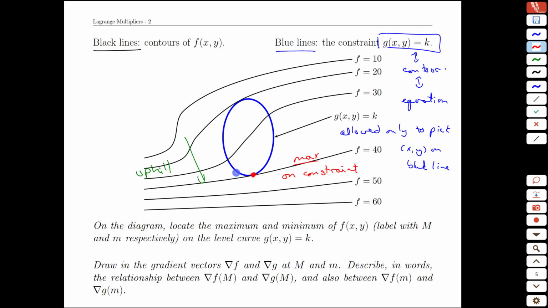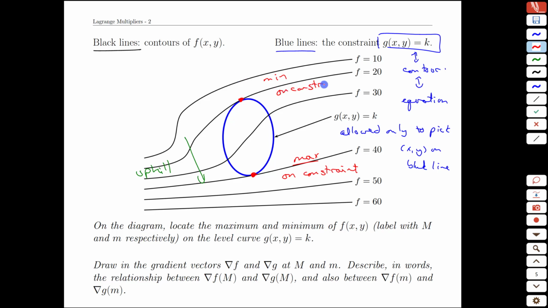We can then go in the other direction and imagine driving along the road. We'd be at height 40, then down to height 30 here, and then we would drive down further, and in this case here we would just touch the height 20. We can't get as far as 10 because our constraint doesn't let us go there.